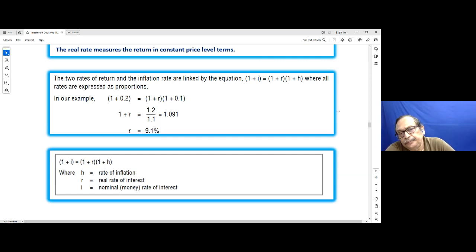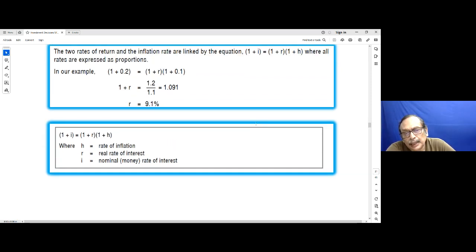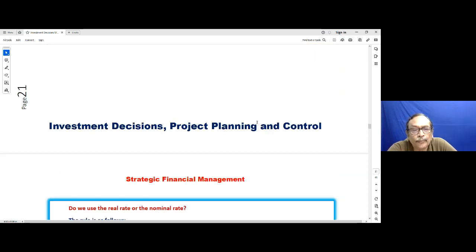So in our example, we have 1 plus 20%, that is 0.2, equal to 1 plus R multiplied by 1 plus 10%, that is 0.1, so that R is equal to 9.1%, where H is rate of inflation, R is real rate of interest, and I is equal to nominal, money rate of interest.